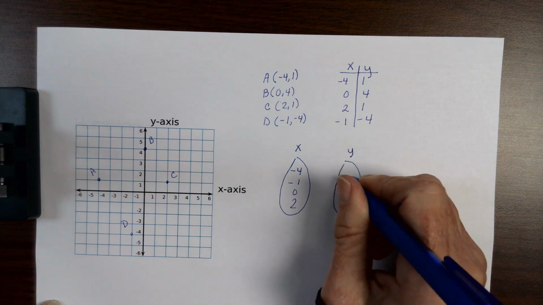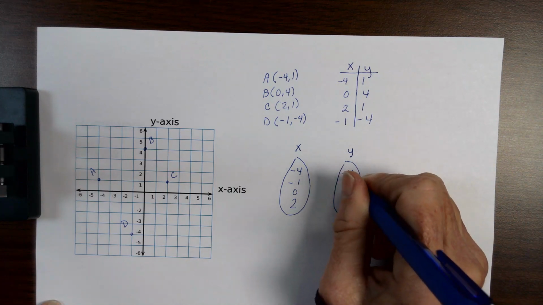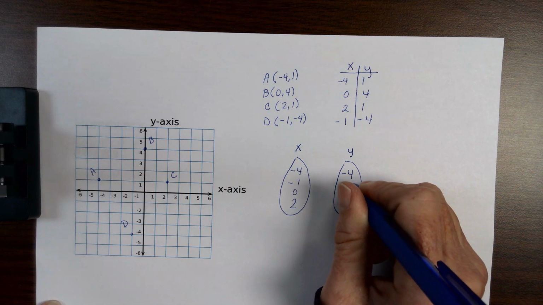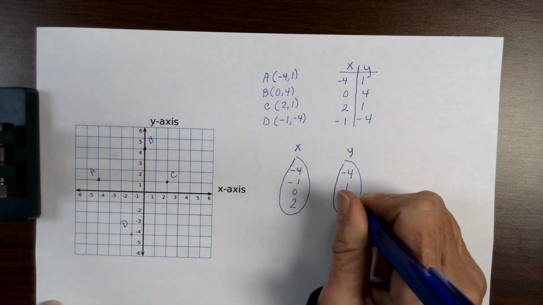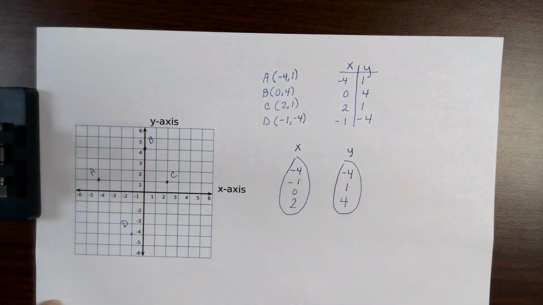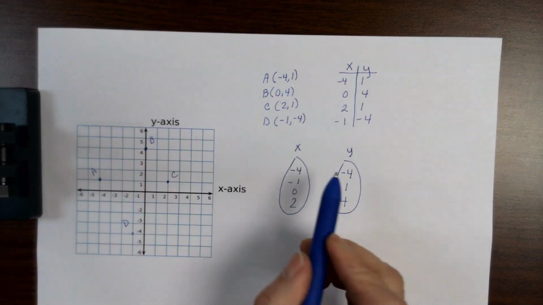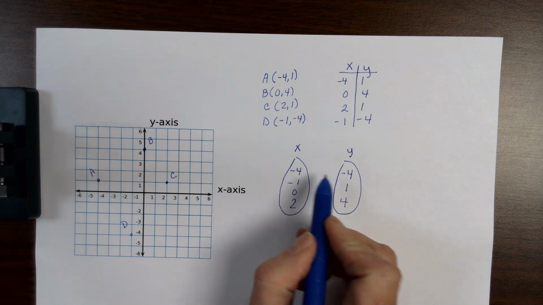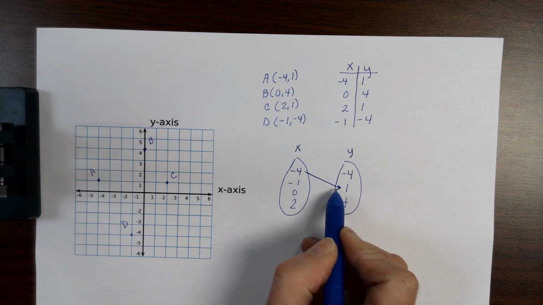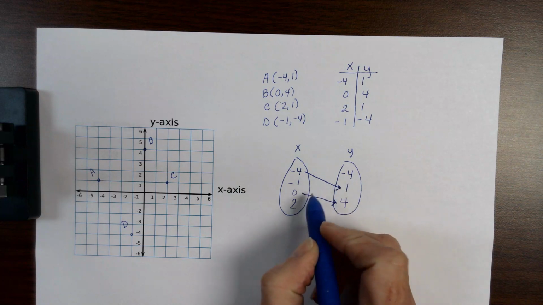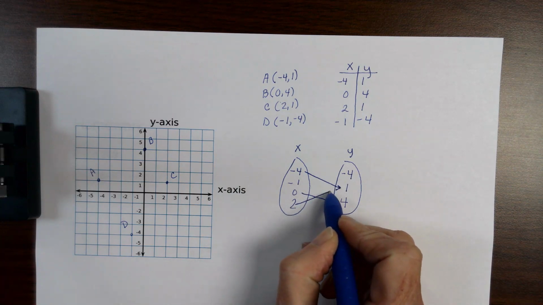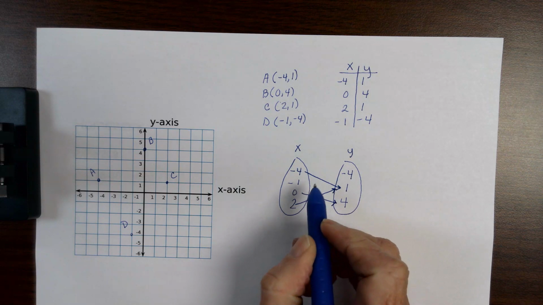On your Y's, your smallest value is -4. I don't have to repeat the 1, even though I have two of them, I just write it once, and +4. And then I use arrows from X to Y. So -4, 1, 0, 4, 2, 1. So it goes to the same value right there. And -1, -4.